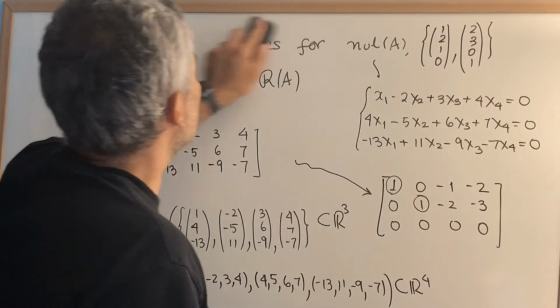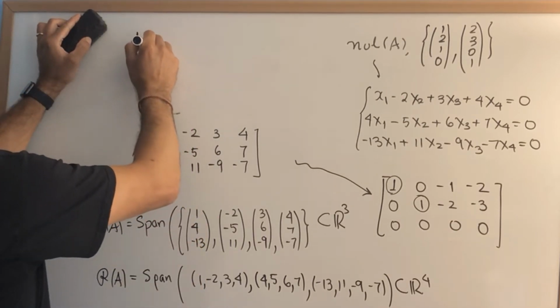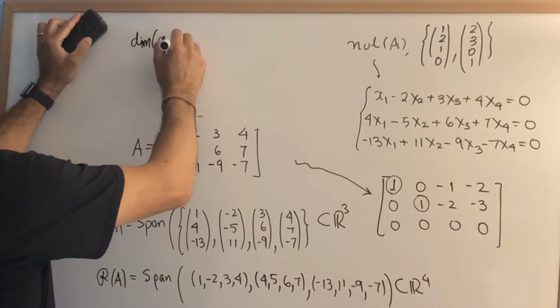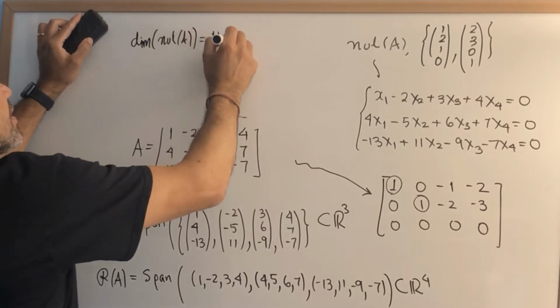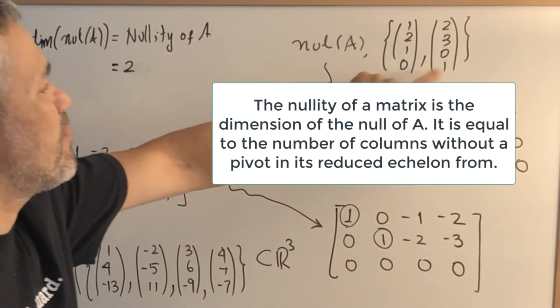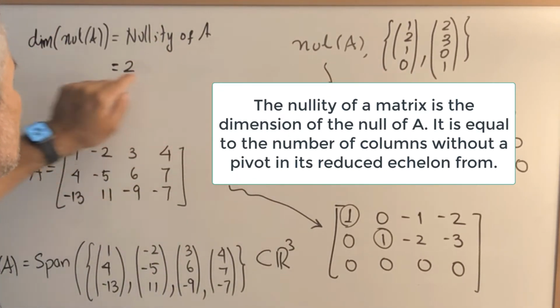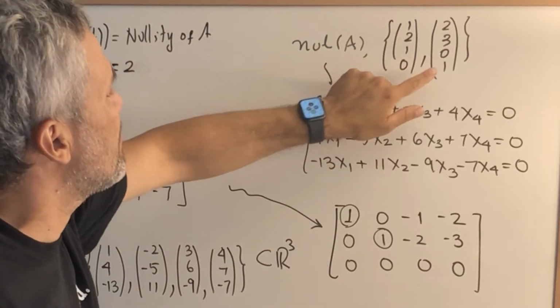And it also means that the dimension of the null of A, which is called the nullity of A, is equal to 2, because a basis has two vectors. Then the dimension of a vector space is the number of elements in the basis.